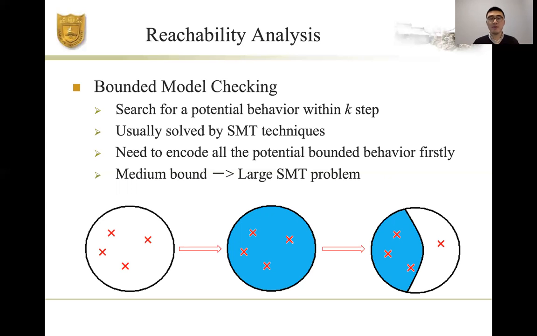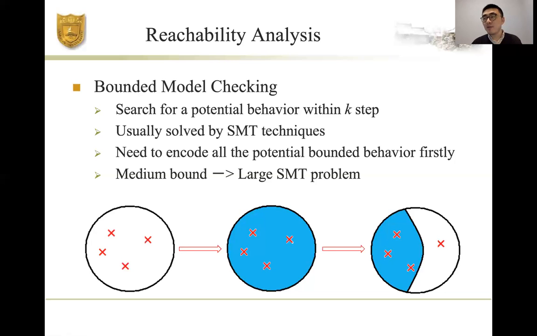We call it BMC, right? However, for BMC of hybrid automata, the classical way is to encode all the potential bounded behavior firstly as a huge SMT formula.